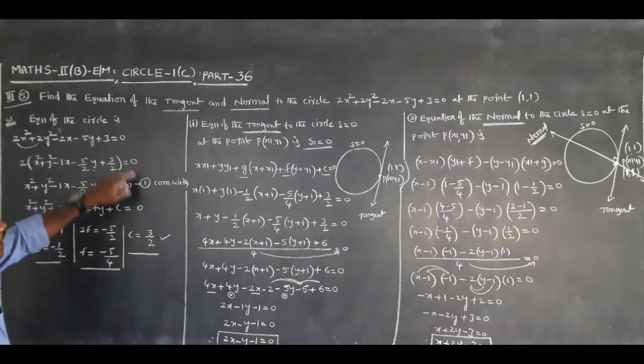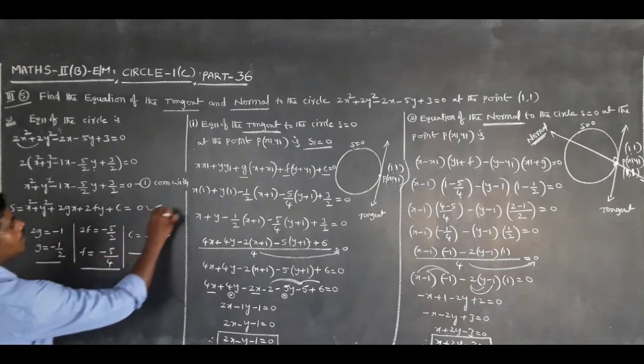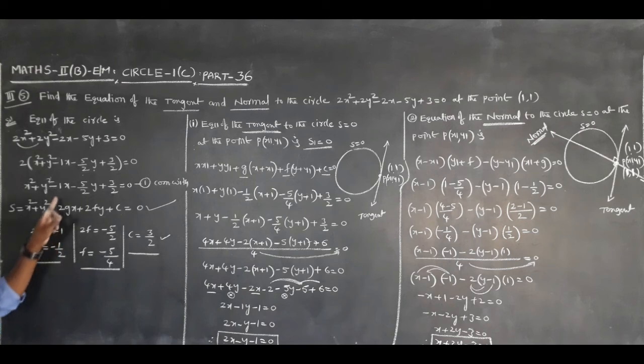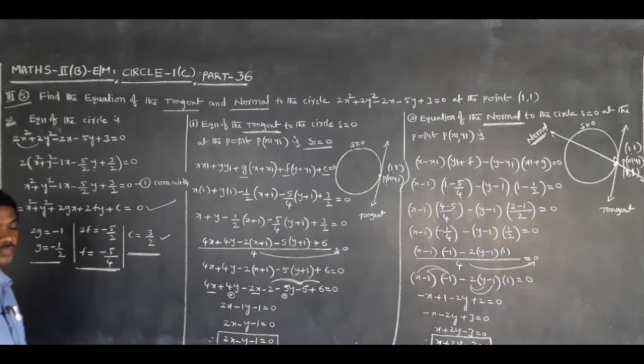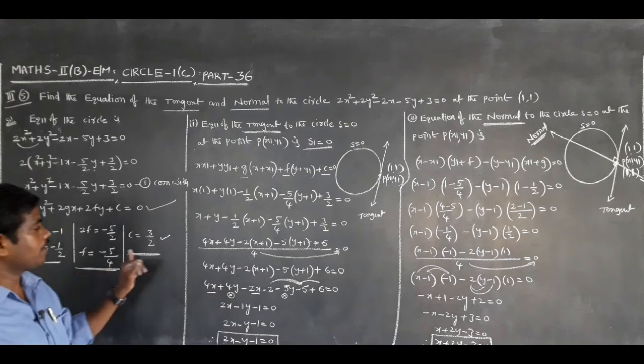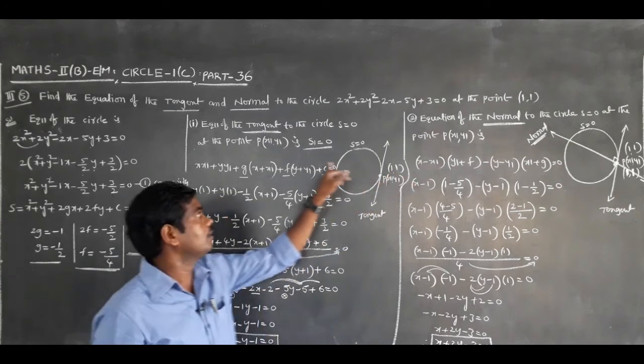First of all, compare the given equation with the general equation and find the values g, f and c. Let the given point be (x1, y1).